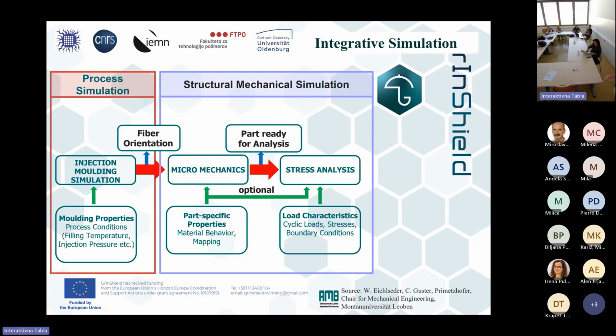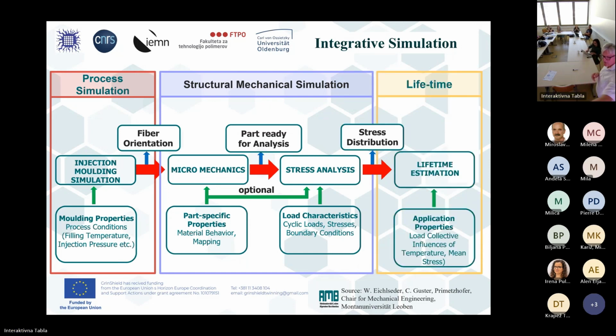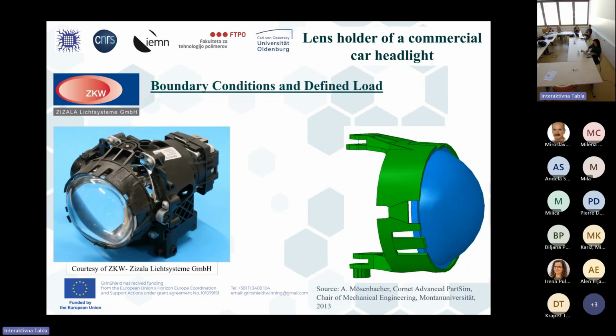And we use that for stress analysis. And finally, we get from the injection molding simulation the fiber orientation tensor, because that's how the fibers really are placed in the part. Then with that, we get a stress distribution over the part with the fibers in the position like the simulation says, and then we make a lifetime estimation, and we did it for this part.